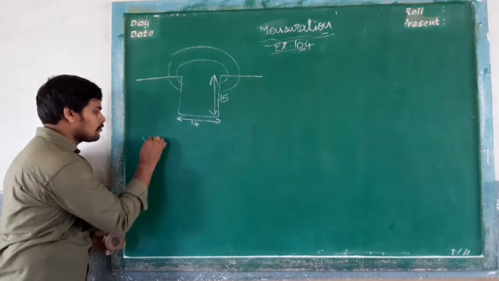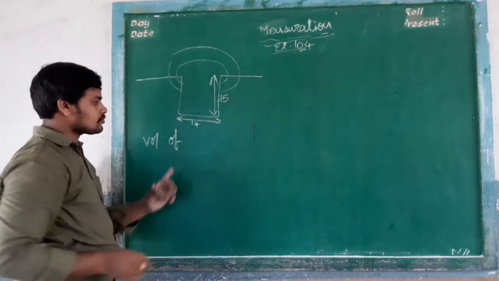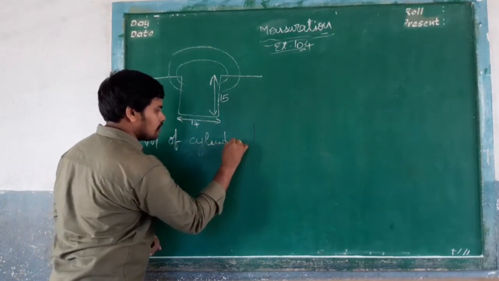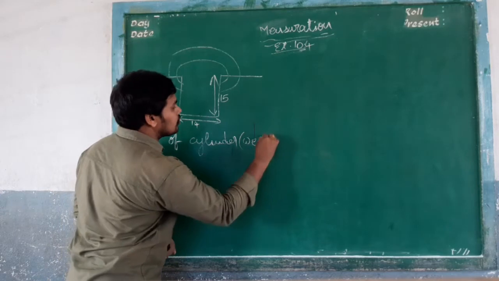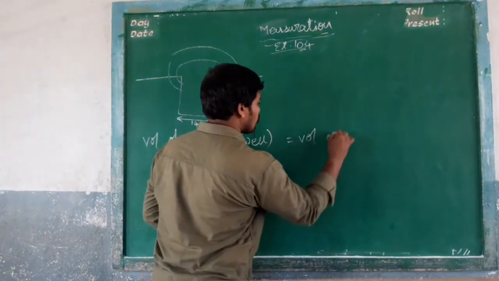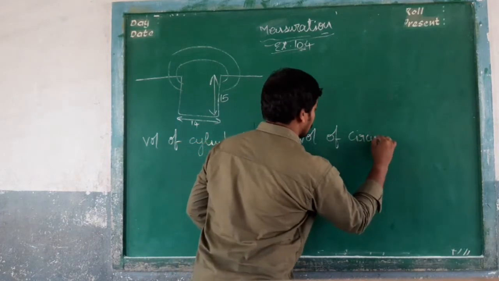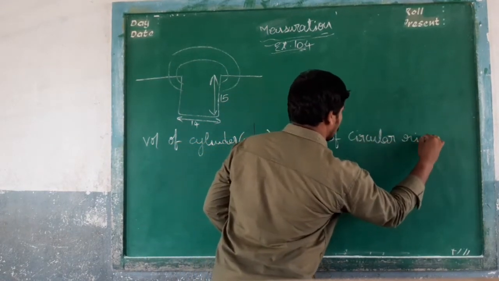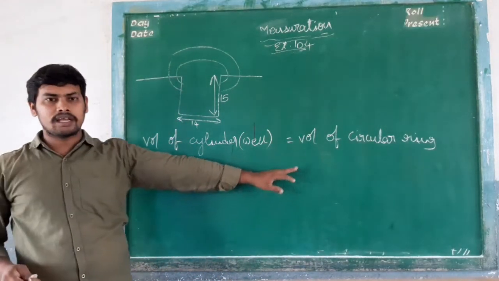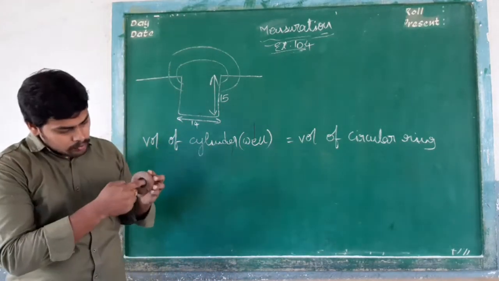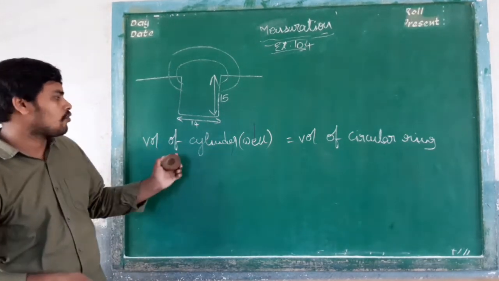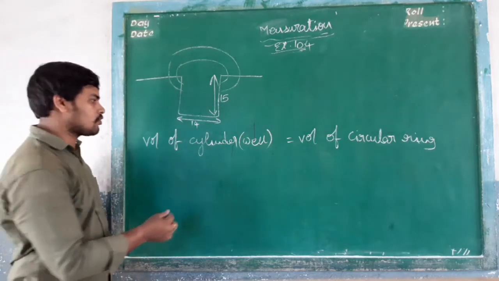So volume of cylinder, or well, equals volume of circular ring. Volume of this well is equal to the volume of this circular ring. Volume of cylinder formula is pi r square h.